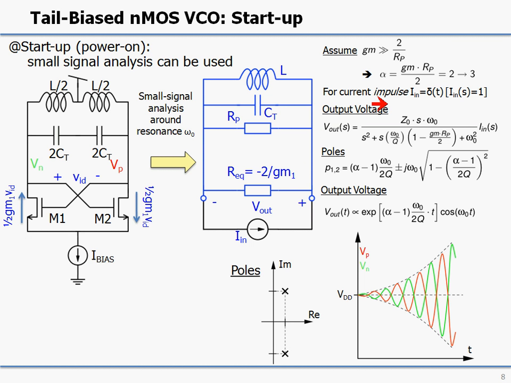When we analyze this, the analysis on the right here, we notice that this structure will have two conjugate poles, and in fact, if we make the gm of the negative resistance sufficiently large, in fact we want to make it 2 to 3 times larger than the loss of the resonator, we find that the poles are well into the right half plane. That means that if we look at the response of the structure to small noise impulses, we get an oscillatory response with an exponentially growing amplitude. So when we follow these rules, we have a system that will reliably start oscillating when we apply power to it.